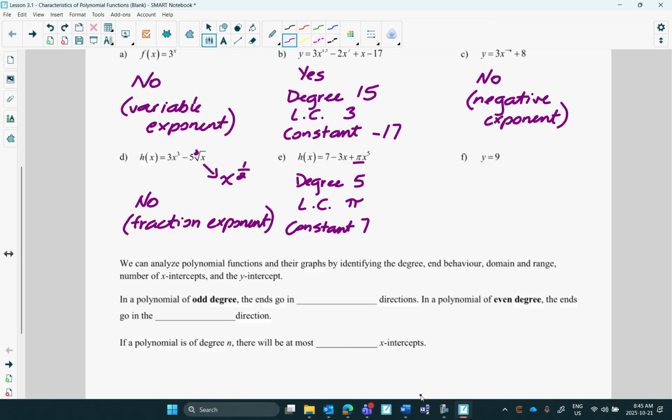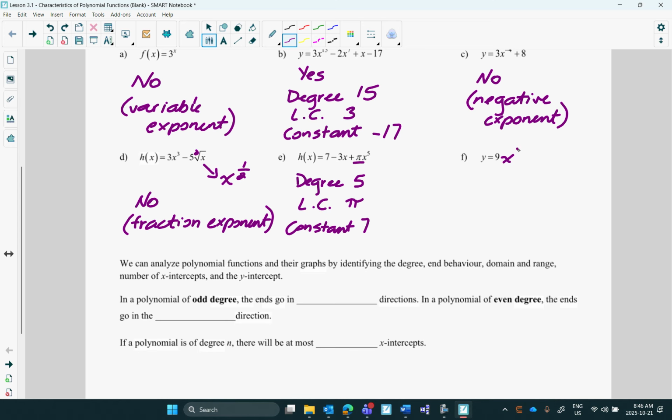This last one is kind of a special case because you might look at this and say, well, there is no exponent. So because of that, it's not a polynomial function. But we can actually write any number with a variable and an exponent. I can attach an x here, but what do I have to raise it to so that this whole thing stays as 9? 0.